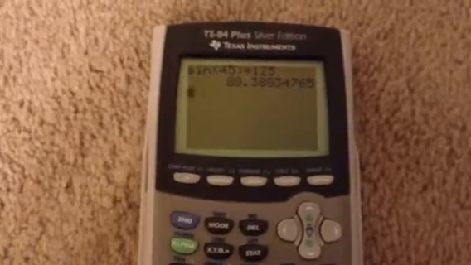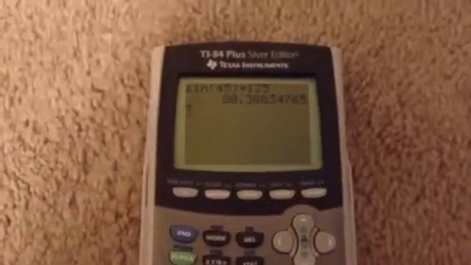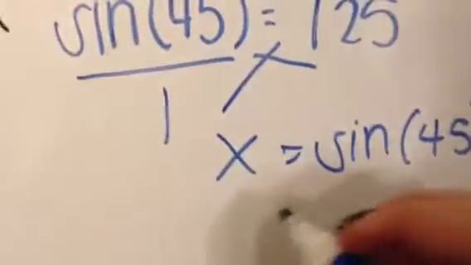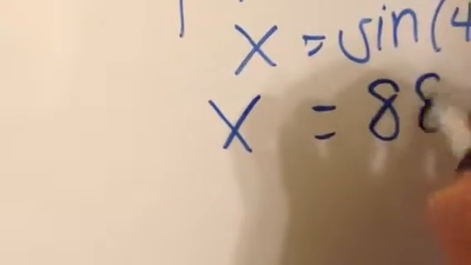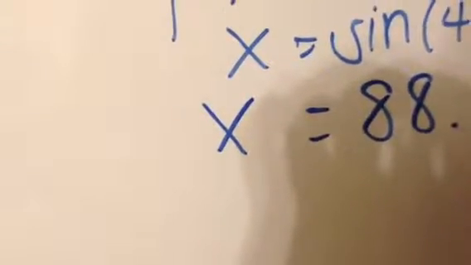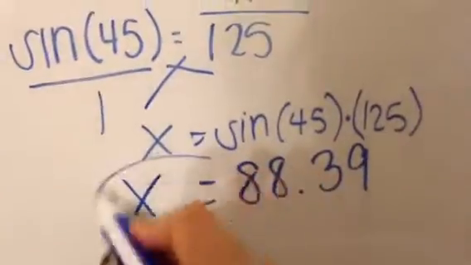And you get 88.3883465. So I'm going to estimate that and say that x is 88.39. And so it makes sense because the hypotenuse is the longest side, and this one should be shorter than that. And so this would be your answer.